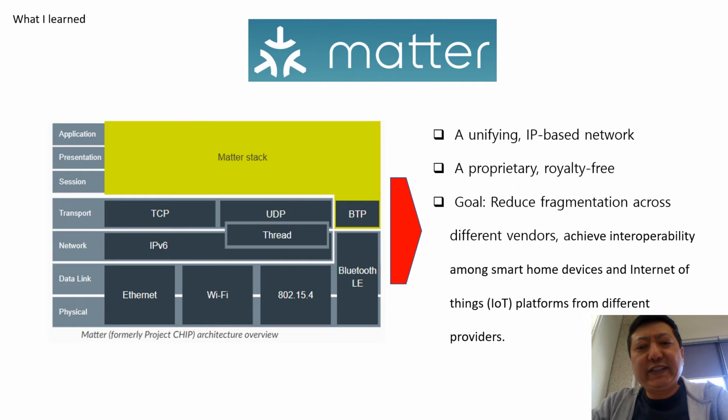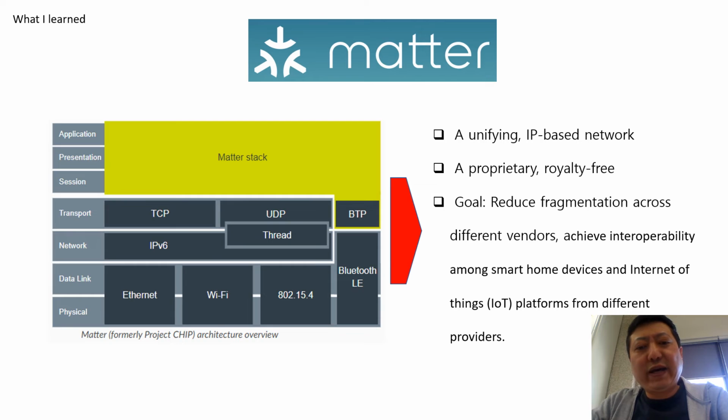Matter is an emerging smart home IoT protocol. Matter will enable IP-based networking between both smart home devices and the smartphone application or cloud service that make those devices useful.